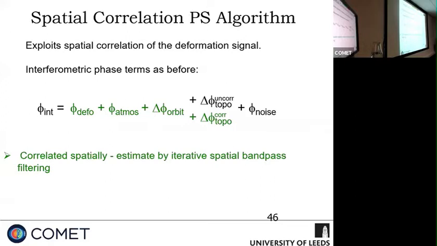Deformation is correlated in space. Atmosphere and orbit, we had already determined that they're correlated in space. And topography is partly correlated in space. So if we can estimate the phase component that's correlated in space, we can remove all of these contributors and be left with just part of the topographic error and noise, so we're almost there.